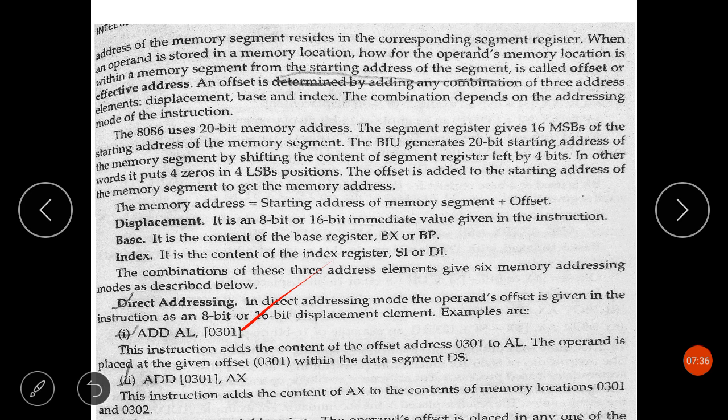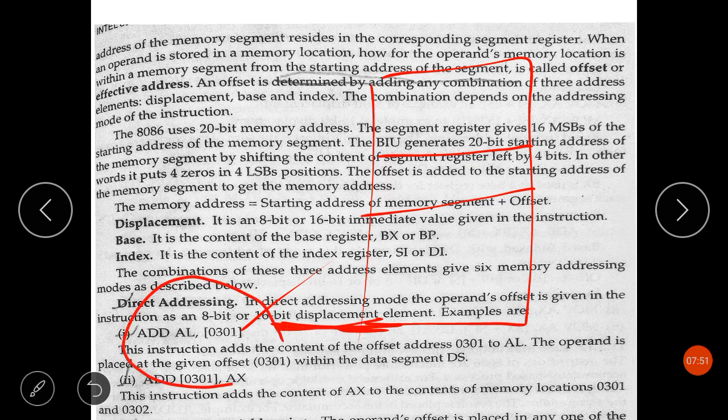So in 8086, as I've told you how we make 20 bits: in the data segment, if the operand is residing at this place and this is the starting address of the data segment, the 16 MSBs of the data segment will be stored by the data segment register.